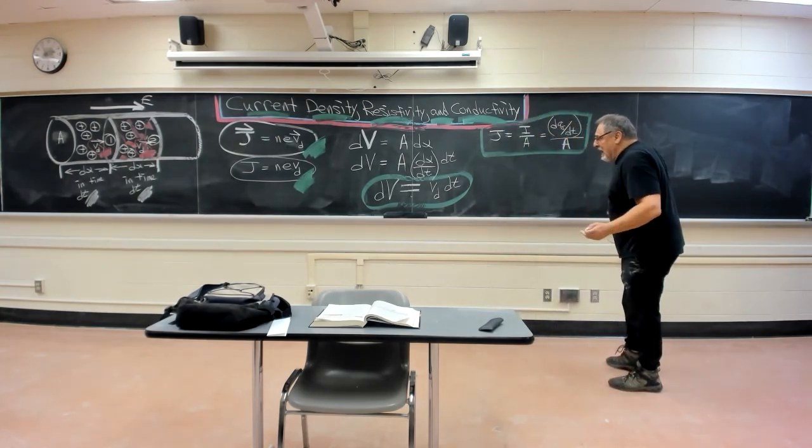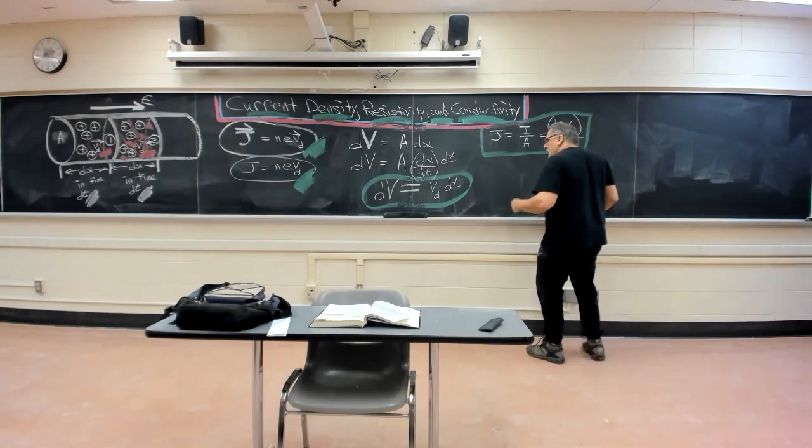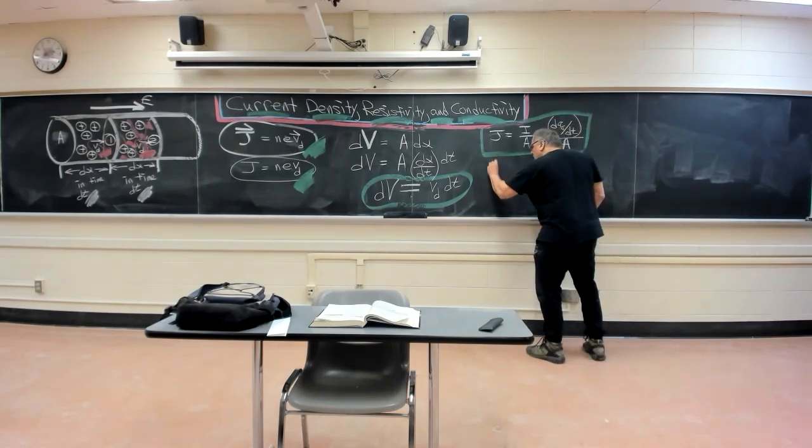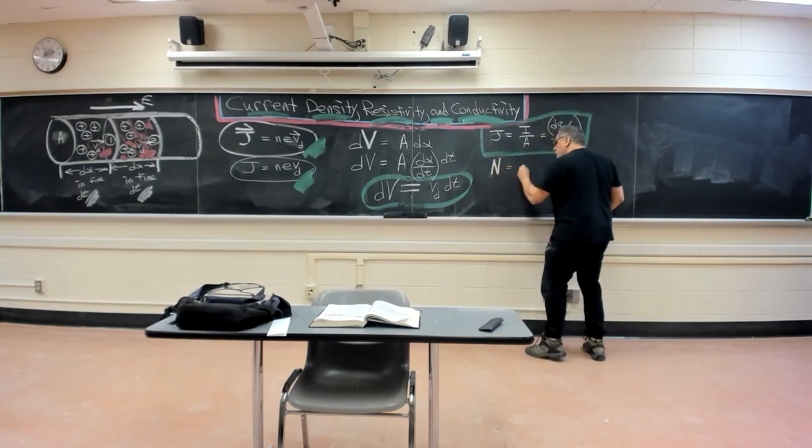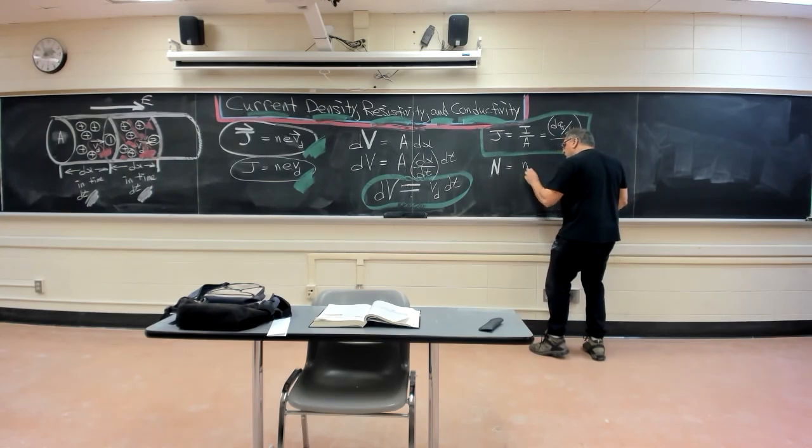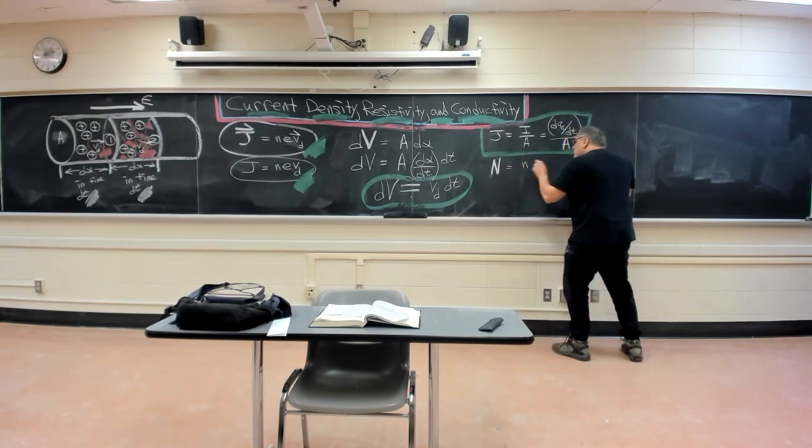So, as we're getting there, I'll tell you what. Is it true that the total number of particles that are crossing over, capital N, is equal to the charge density, number of particles per unit volume, times the volume?